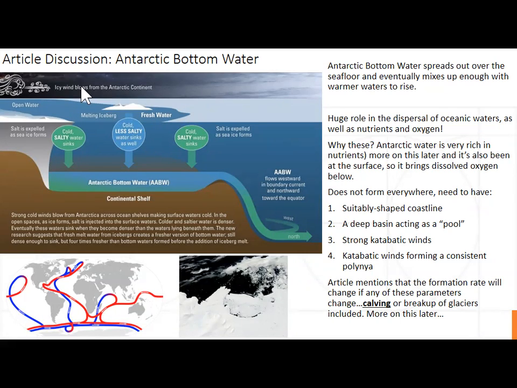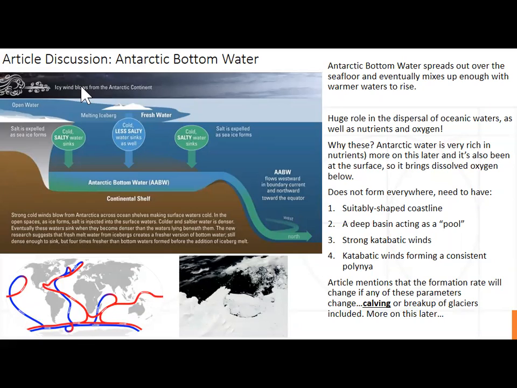For example, if you have the permanent ice shelves coming from the glacier and extending over the ocean, if the shape of those ice shelves changes, if you simply have less of an ice shelf extending over the Antarctic Ocean because global warming has caused them to break up, well, that might actually change whether you have polynyas forming or not. If you have less sea ice forming, if sea ice forming is being inhibited by lower temperatures, the water underneath will not be as salty, and Antarctic bottom water will not form.